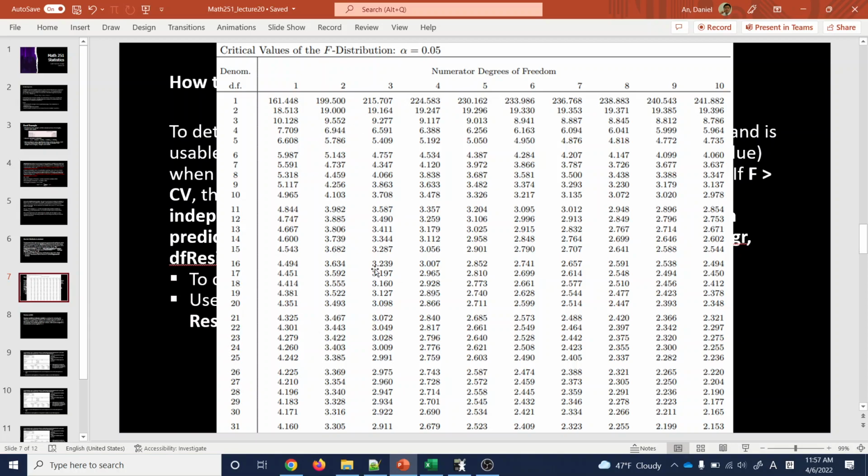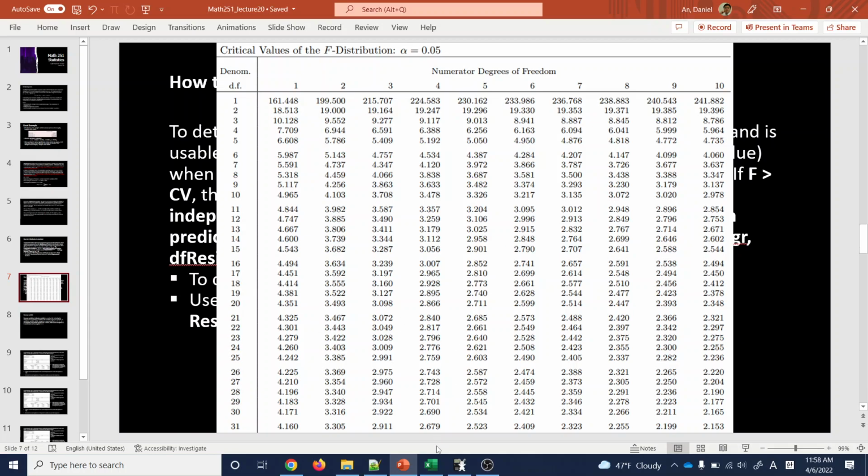Here's an example of an F distribution. You need to provide the numerator degrees of freedom and denominator degrees of freedom, and you get the critical values, but the critical values are only given for a certain significance level. If you change the significance level, then you need to look at a whole different table. So you can kind of see that F distribution is a lot more confusing to use, right?